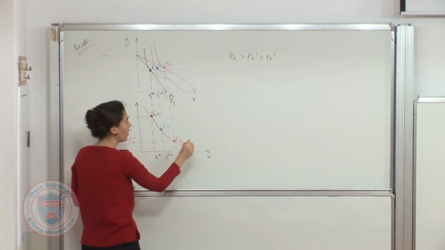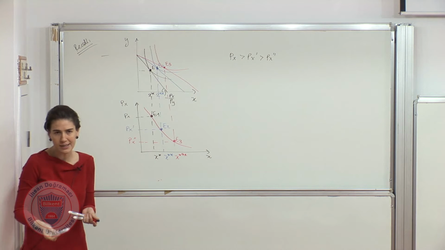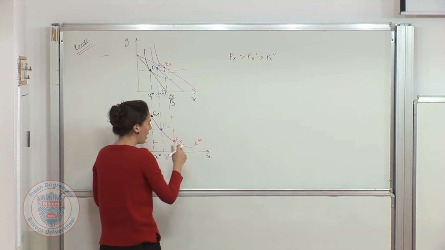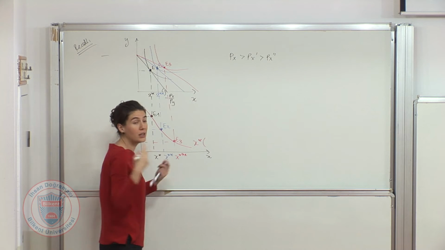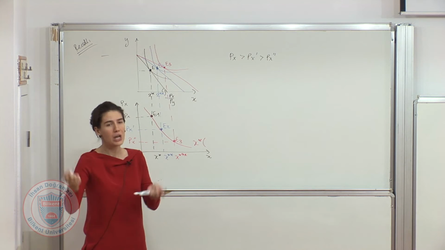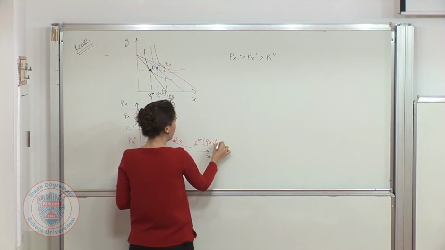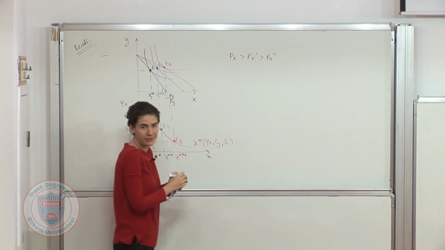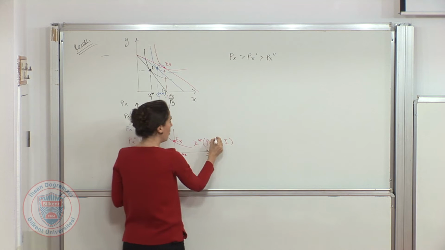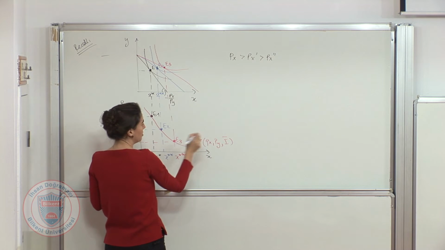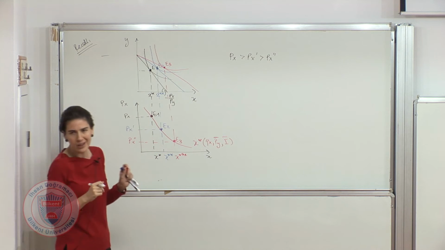Suppose you do this for every possible price. The curve that you get, we called the uncompensated demand curve, Marshallian demand curve, or ordinary demand curve, which was a function of Px, Py, and I. You told me that along this curve we keep the consumer's income the same, and Py of the other good the same.